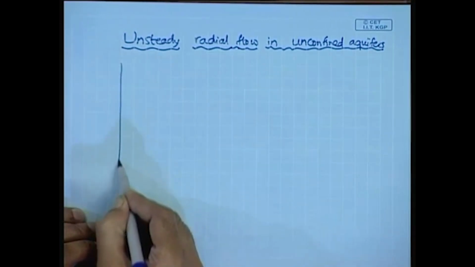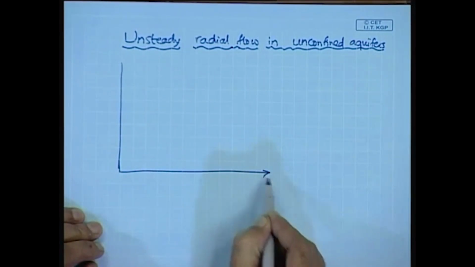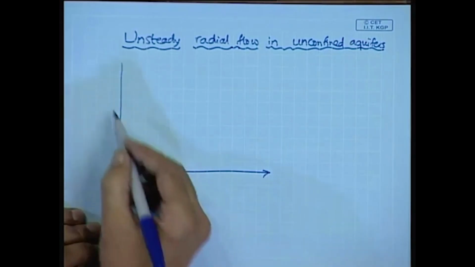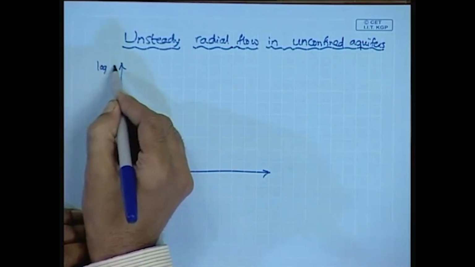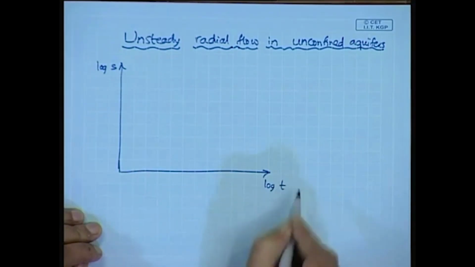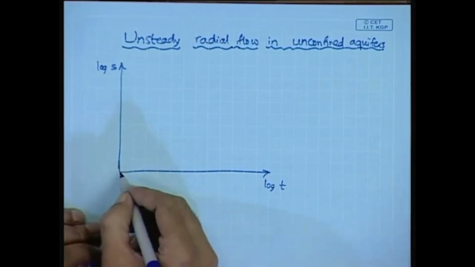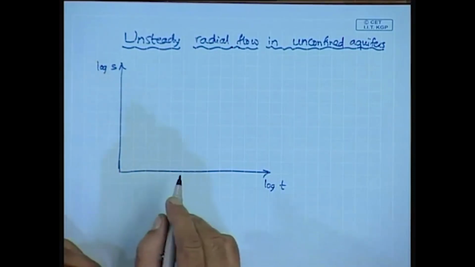Suppose we plot the drawdown S versus time t on a log scale, so this is the log of S, the drawdown, and the log of t, the time since the pumping. Here it indicates three different kinds of nature.